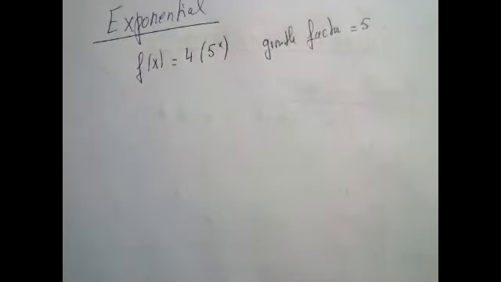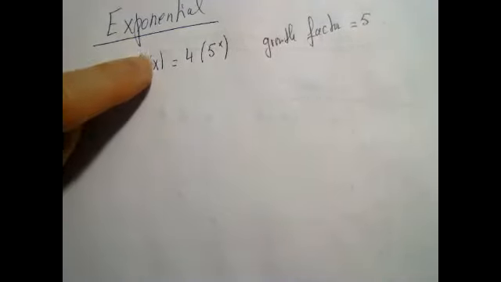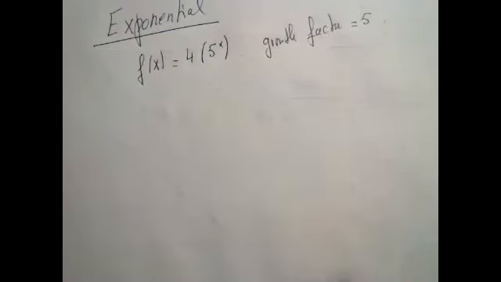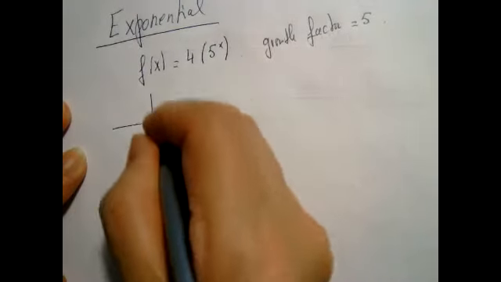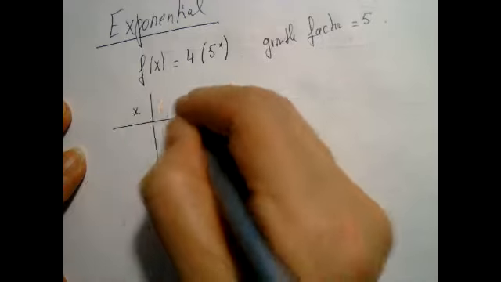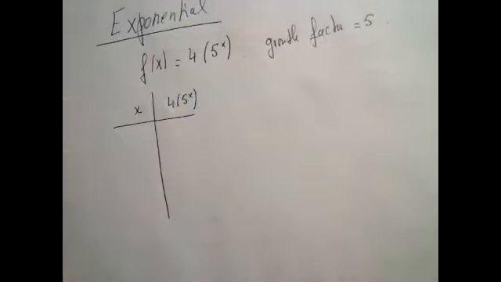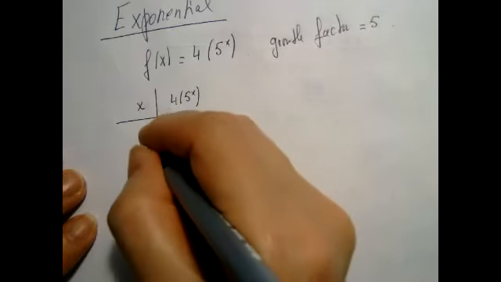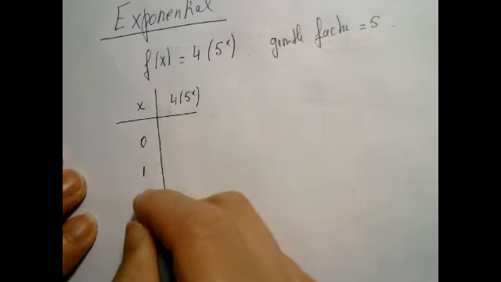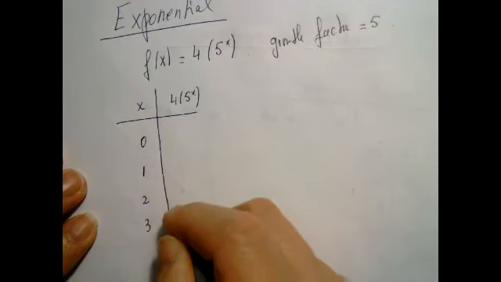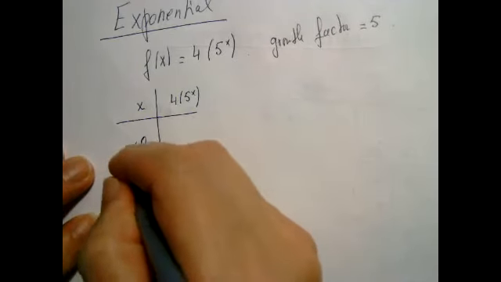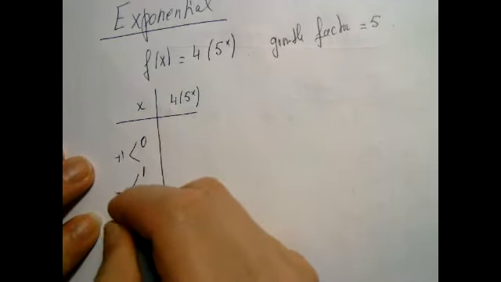And I want to study how this function changes when x increases by 1. So this is my x, and this is my f of x. My goal is to see the following. When the x value increases by 1, what happens to the y values?